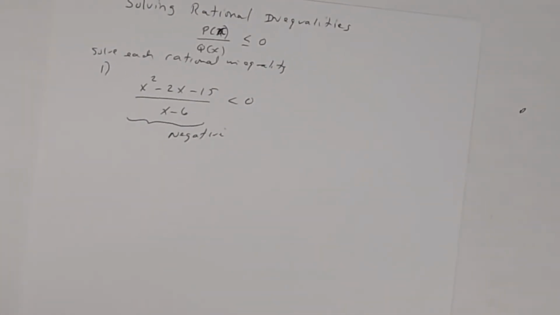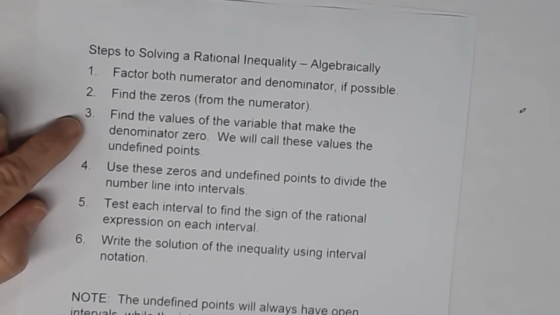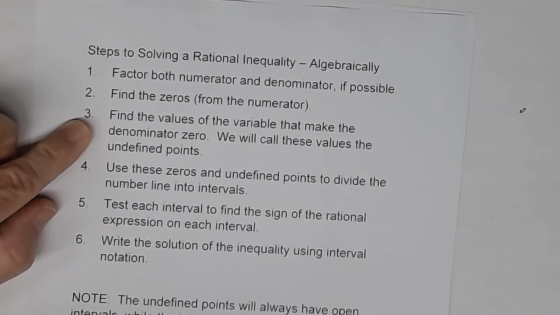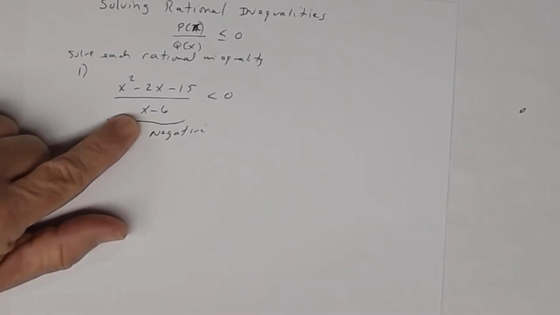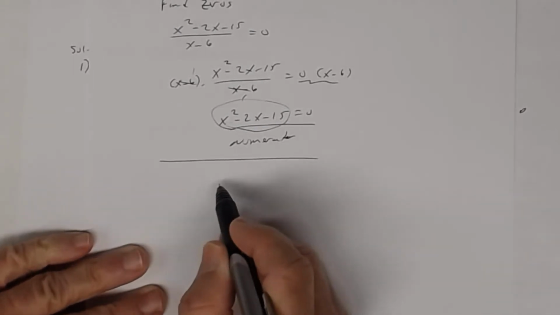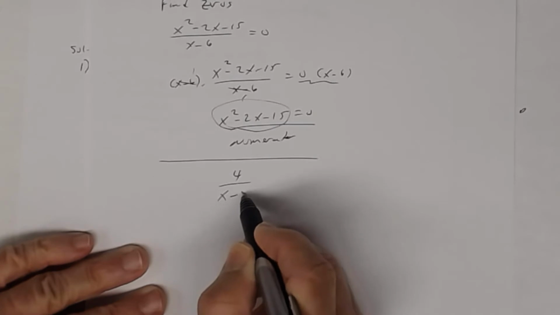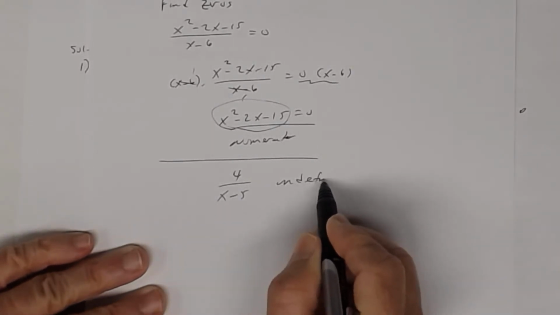Okay, and then the other thing you have to remember in the third step is you have to find out where that expression is undefined. Because if you're finding solutions, wherever that expression is undefined cannot be a solution. Just to remind you, if I have 4 divided by x minus 5, this expression is undefined.